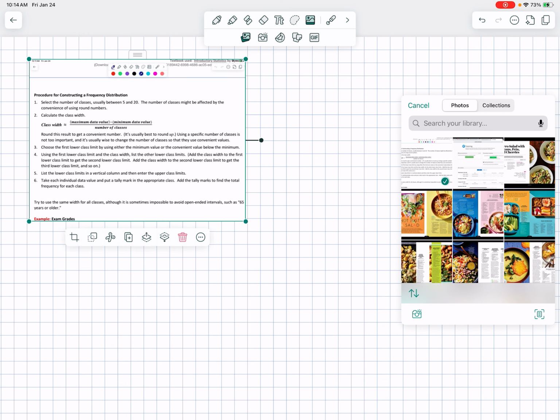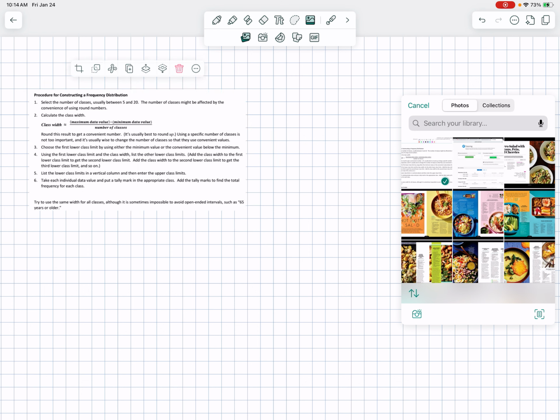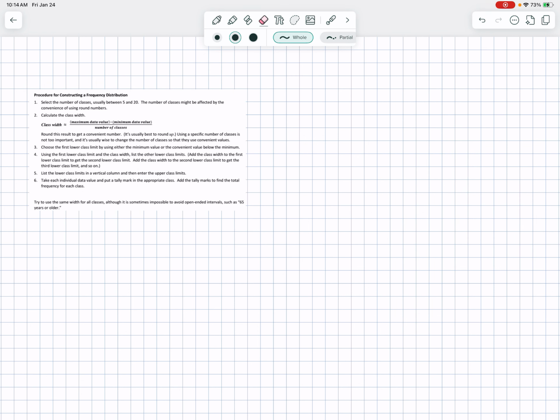And you use the class width a little bit differently when you're constructing a table versus when you're just trying to calculate it. Let me get this set up.